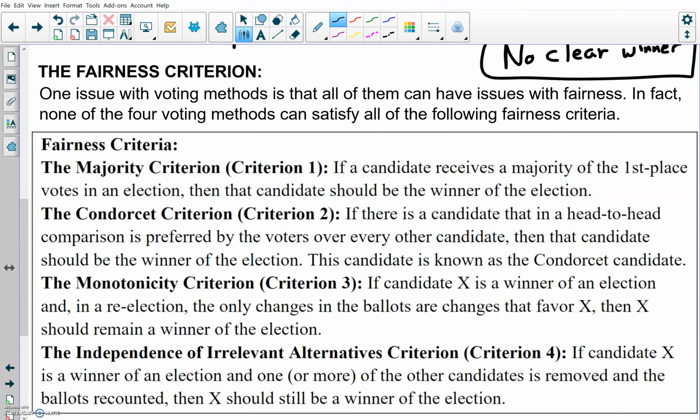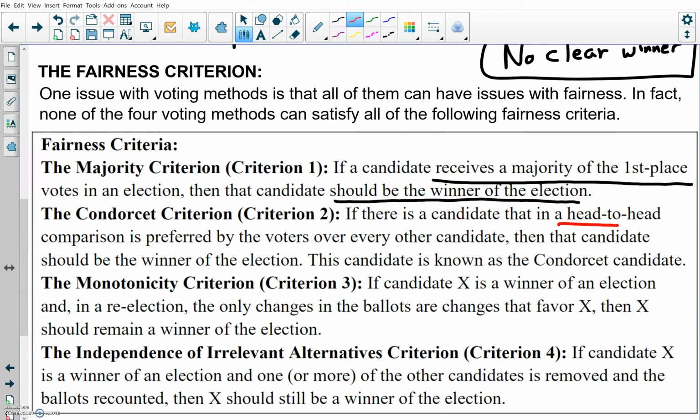So the majority criterion, if a candidate receives a majority of the first place votes in an election, then that candidate should be the winner of the election. So they receive the majority, they should be the winner. If they aren't the winner, the majority criterion is violated. Condorcet criterion.